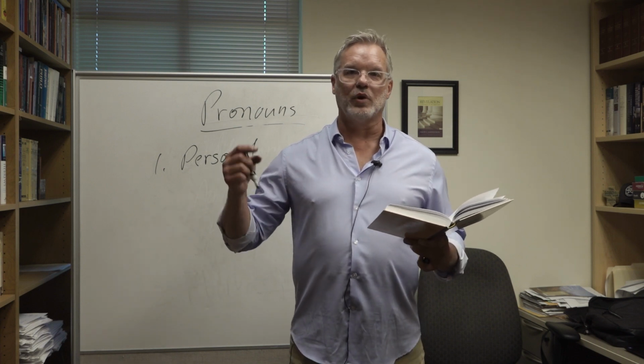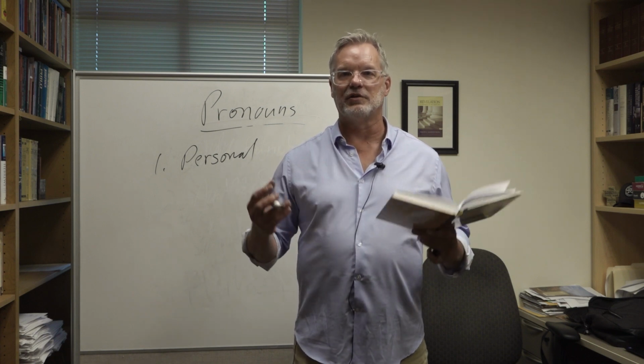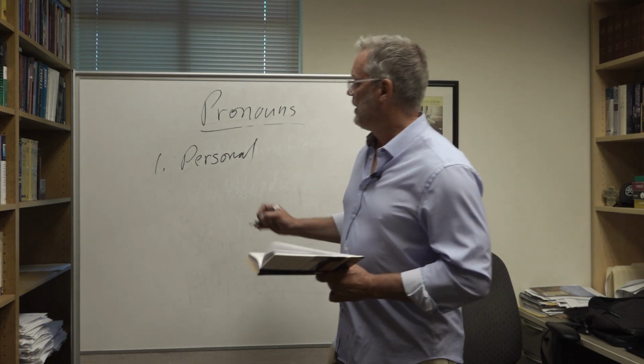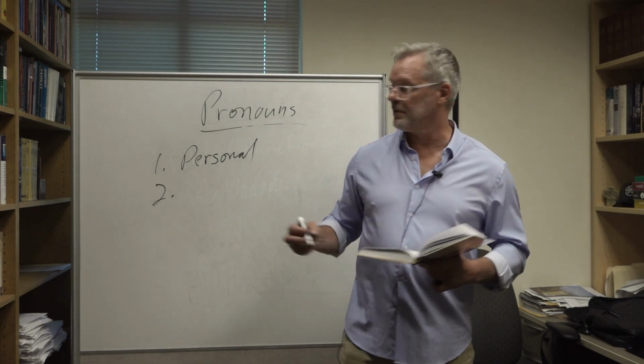Autos is a really heavily worked pronoun in the New Testament, meaning he or she or it, depending on the gender of it as well. So personal pronouns is one usage of the pronoun.